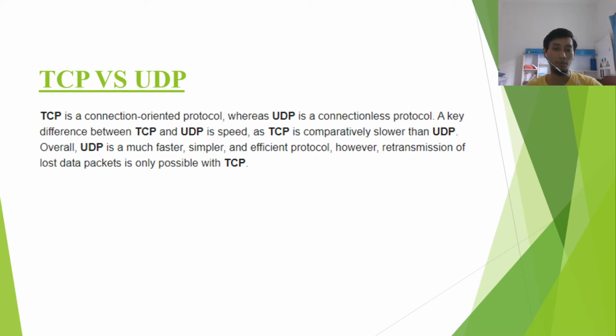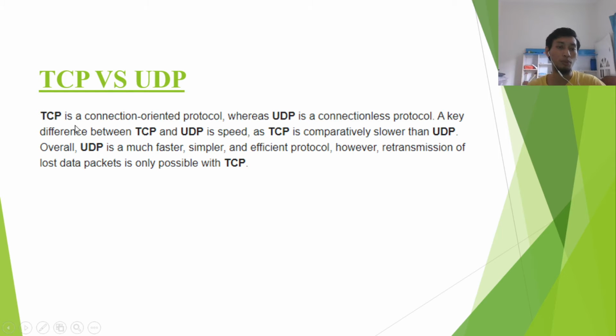So what are TCP and UDP? TCP is a connection-oriented protocol, whereas UDP is a connectionless protocol. As I mentioned just now, FTP and SFTP use the TCP protocol, which is connection-oriented. And for my project, TFTP, it uses UDP, which means it is a connectionless protocol.